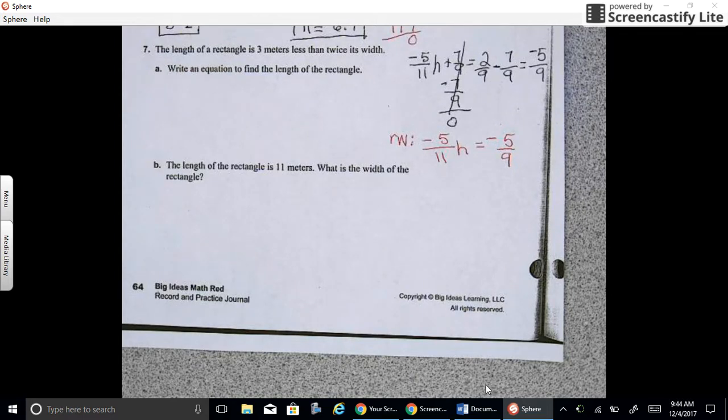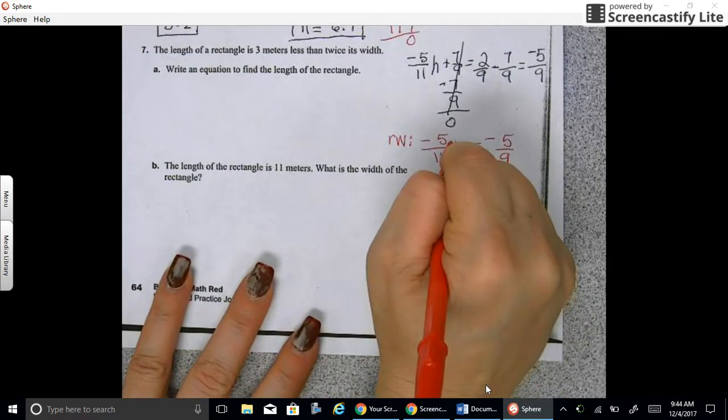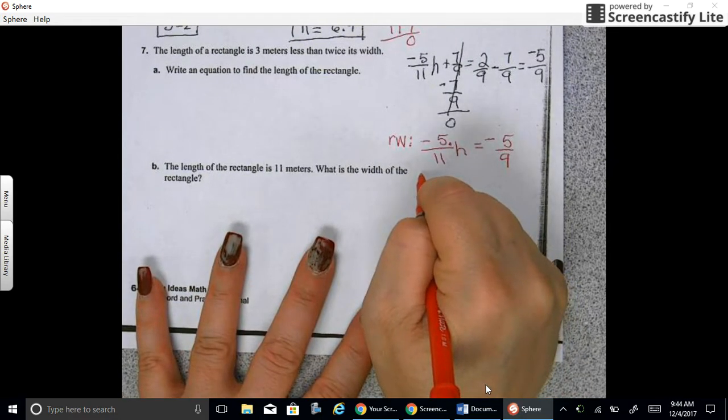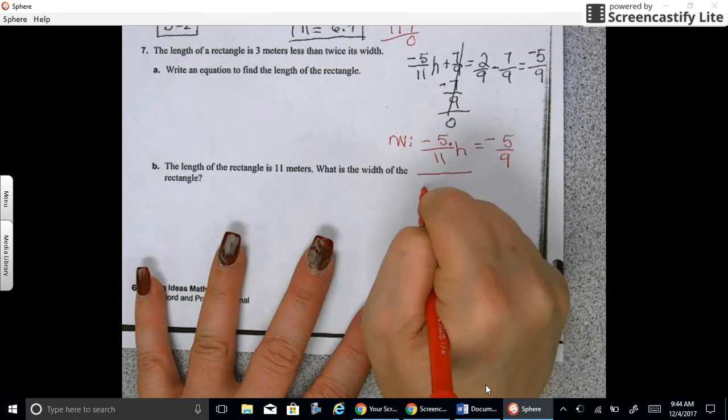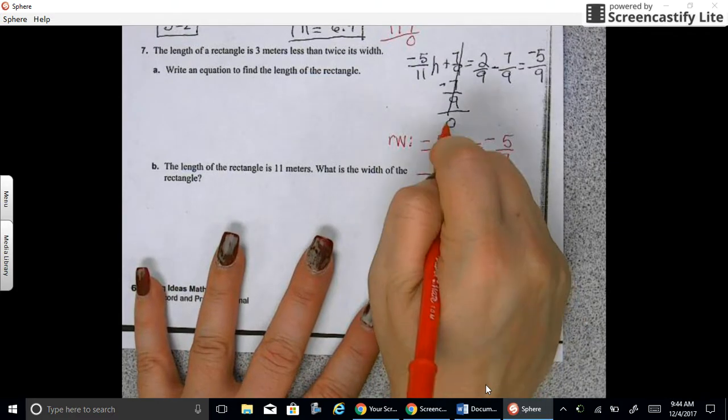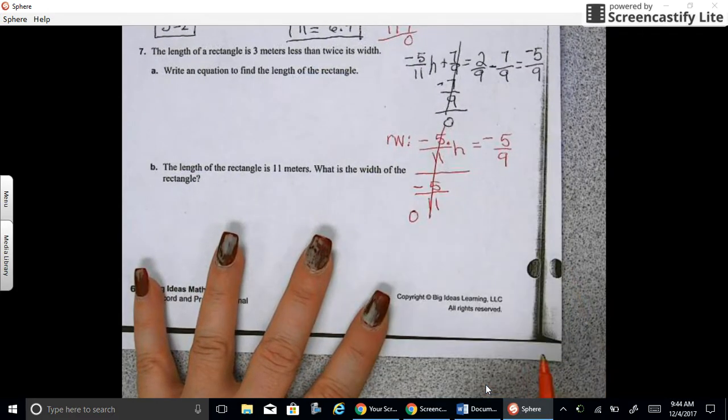I'm using that multiply glue dot to stick that fraction and that letter together, right? Because that invisible multiply sign is right there. So if I want to pull them apart, I have to use the opposite of multiply. What's the opposite of multiply? Divide. So I am going to divide by negative 5 over 11, which will cancel that out for 0.